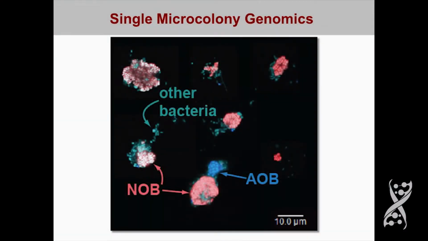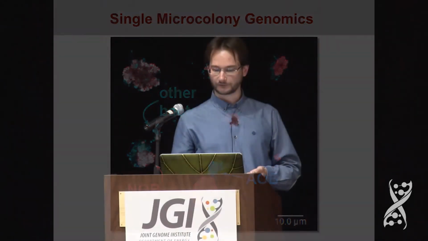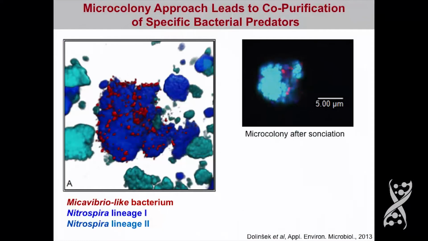But of course, if you singularize a microcolony, you will still have associated taxa, like NOBs and AOBs together, and even some other bacteria whose function we do not know yet. And moreover, if you just sonicate a sample and find microcolonies still intact, you will even find predators still attached to the microcolony. So pretty exciting things going on in a single microcolony.